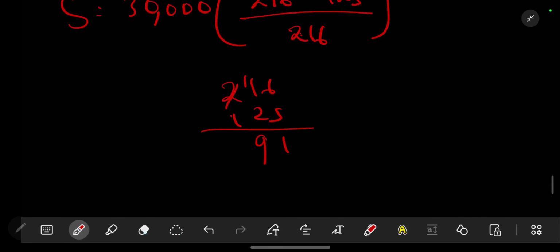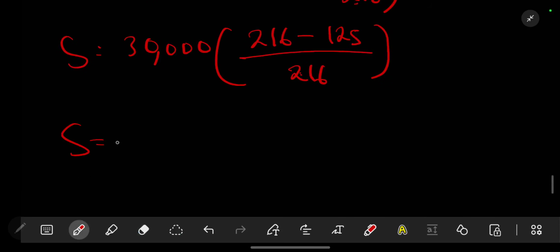Then S is equal to 30,000 times 91 over 216.